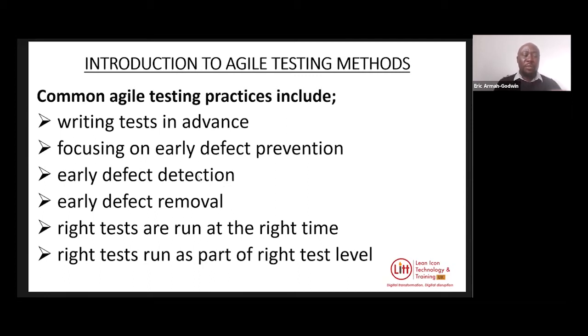So if it's unit testing, we want tests to be run at that time, not later on when you're doing acceptance tests. Test level simply talks about unit test, acceptance tests, system test, system integration, etc.